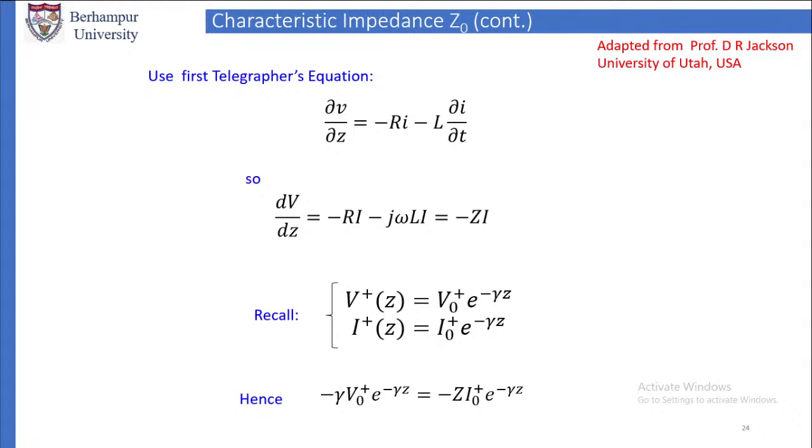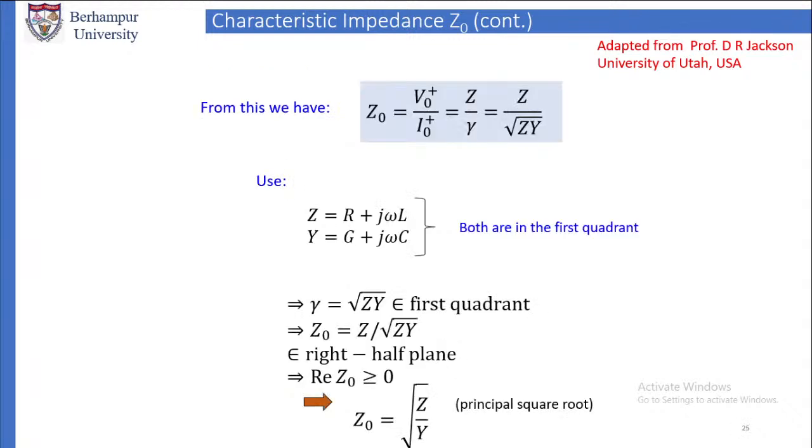Therefore, using this, you can write dV/dz as minus gamma V0 plus exponential minus gamma z, and that will be equal to minus Z into I0 plus exponential minus gamma z. Now you can cancel out exponential minus gamma z from both the sides, and you can find V0 plus by I0 plus. So V0 plus by I0 plus is Z0. So Z0 will be V0 plus by I0 plus.